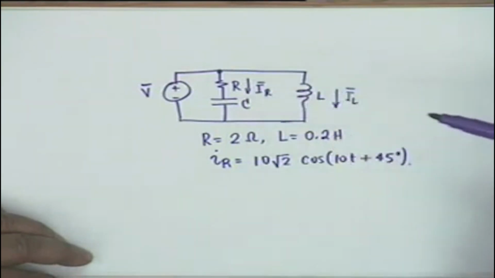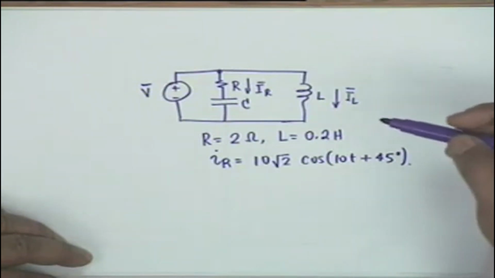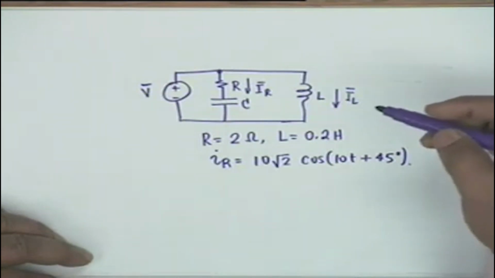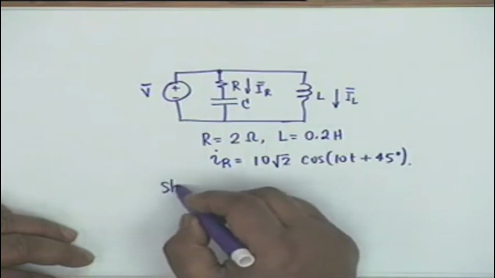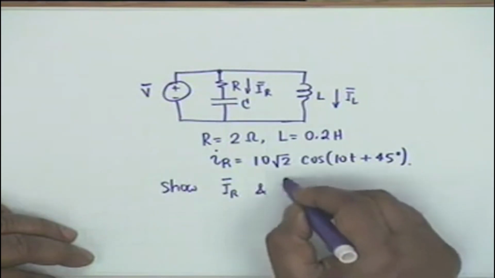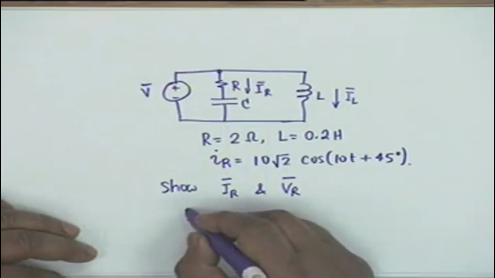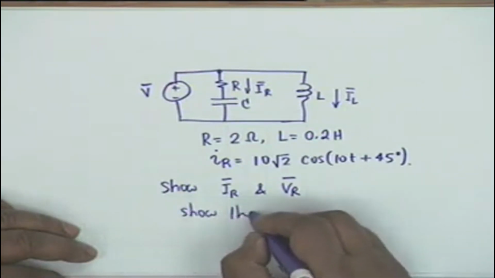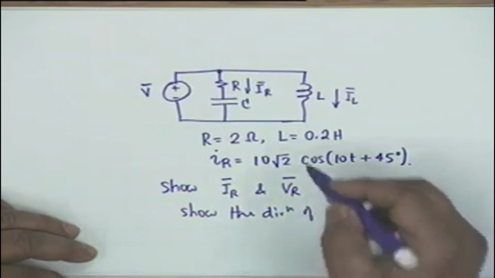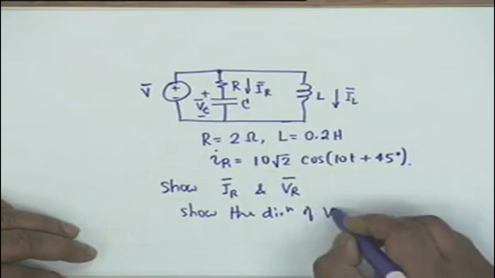The question is, on a phasor diagram, show IR and VR, and draw an arrow to show the direction of the voltage across the capacitor, that is V sub C. This is the first part of the question.